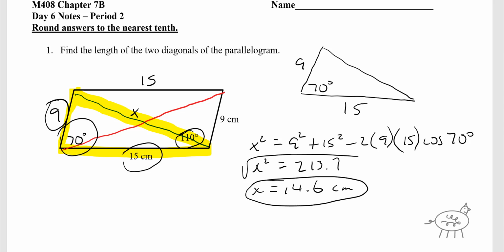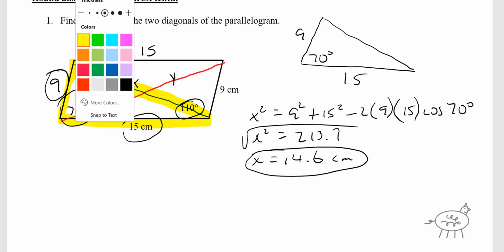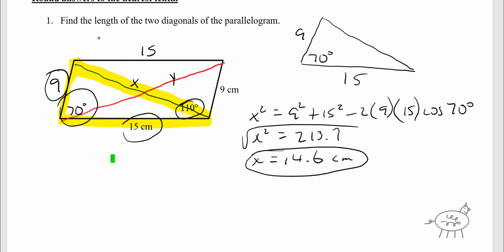All right, pretty easy. The next one, of course, we'll just call that one y. Let me highlight in a little bit different color here, green. So this one is going to be this guy right here. A little bit different triangle, but no big deal.